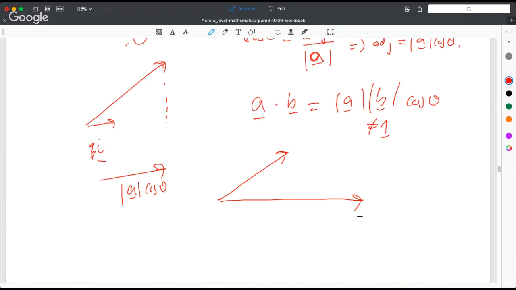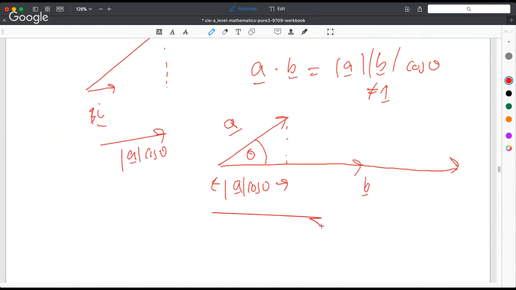This is the vector A. This is the vector B. The angle between them is theta. This is the modulus of A cosine theta, the length of this line. And now we multiply that by B, so we get a new number, which I'll draw like this.